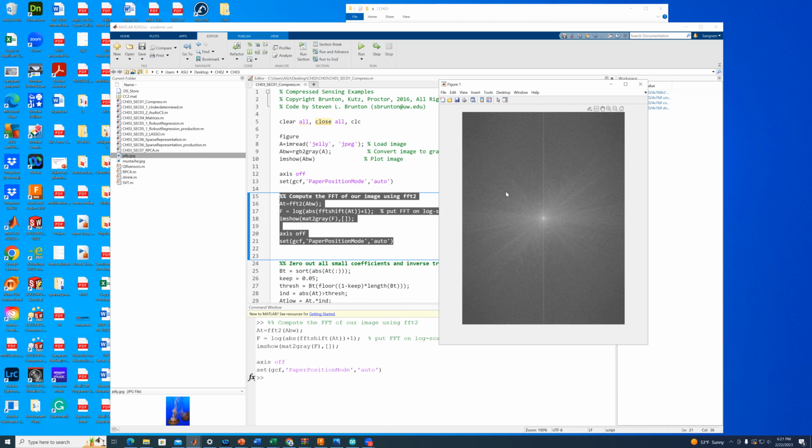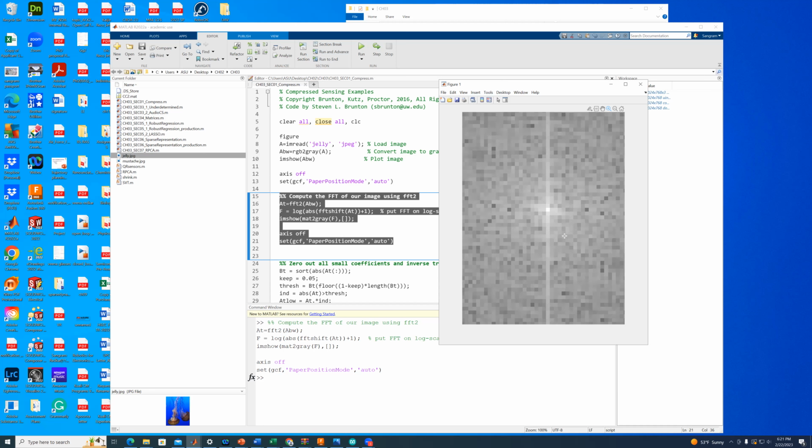So here is what I'm going to do. I'm going to capture this small portion of the image. I'm just going to zoom in onto this image. Again, you see there are a lot of black spots. I'm going to zoom in and capture the most important part of this image.